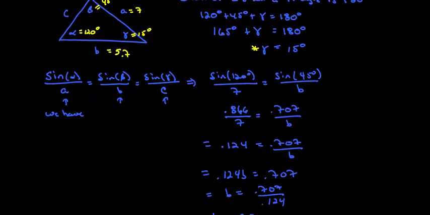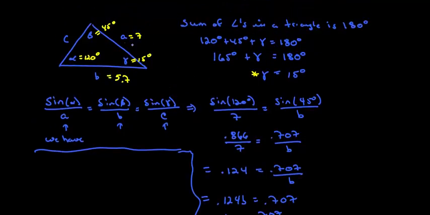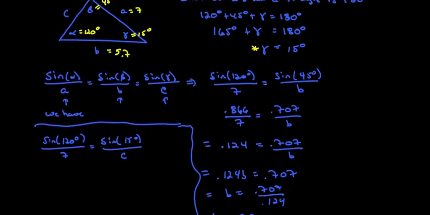Now let's look at gamma. I want to find side C. We're going to do it very similarly to what we just did. It's usually best to use the initial side that's given to you. This helps reduce error. So I'm going to go back to sine of 120 over 7, and say that's equal to the sine of 15 over c.